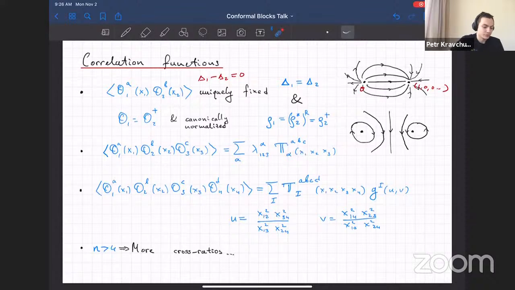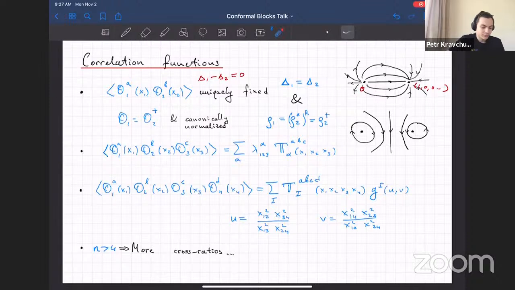So in general, a conformally invariant 3-point function is some linear combination of these basis tensor structures with several 3-point couplings, lambda 1 to 3, also labeled by alpha. And this is some finite sum. In simplest cases, it just contains one element, but in general, it contains several elements.